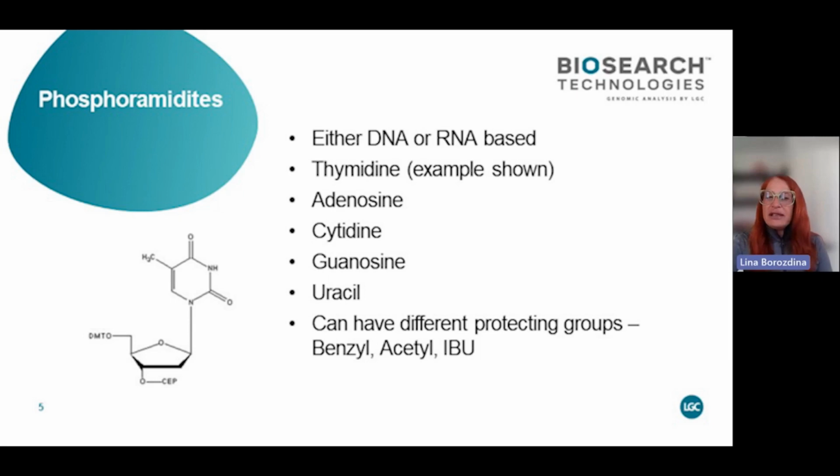Also on the base that is attached, this is where you're going to have your A, C, G, T, U, you will have different protecting groups. The reason is that the chemistry you're putting the oligo through is pretty harsh, so you want to keep this particular base attached to the ribose.